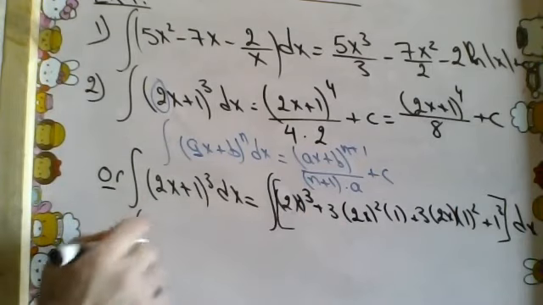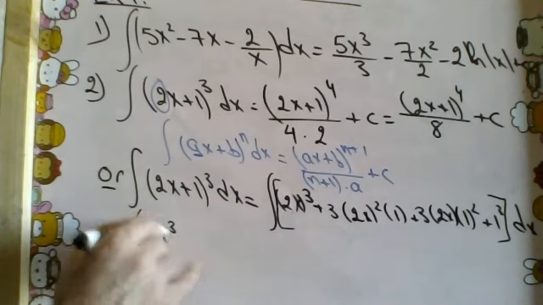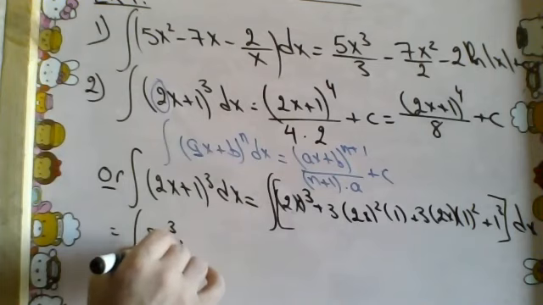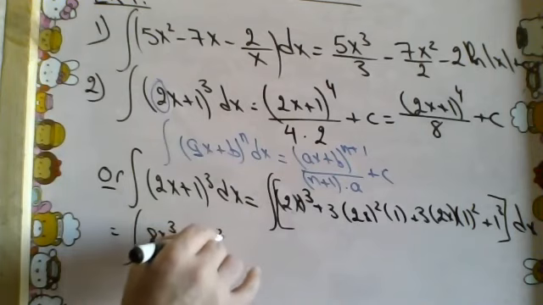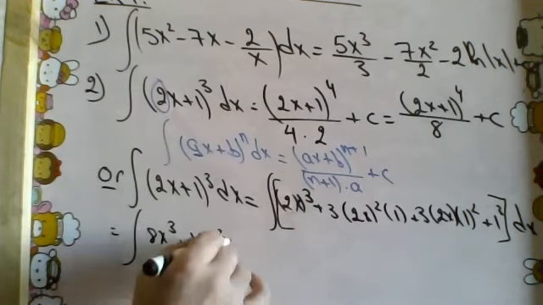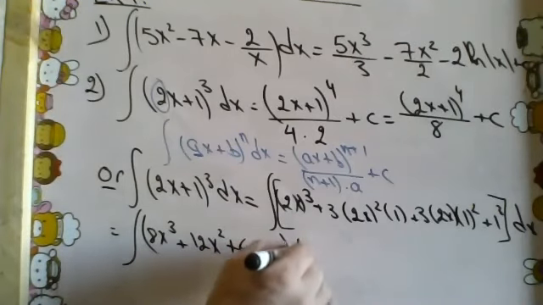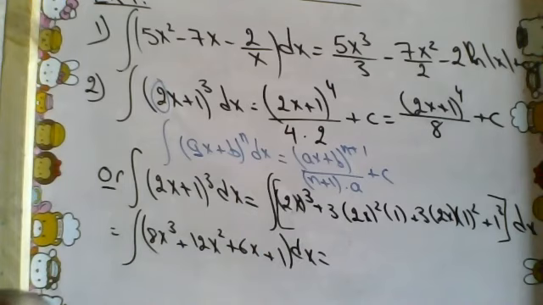The first one here, you get 8x to the power 3. Here you get 12x squared, 6x, and 1 dx.